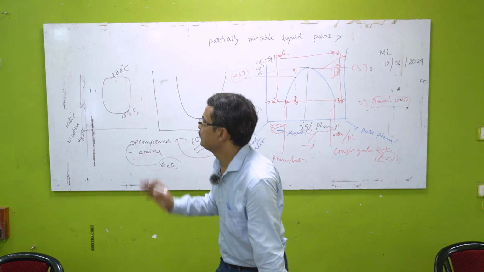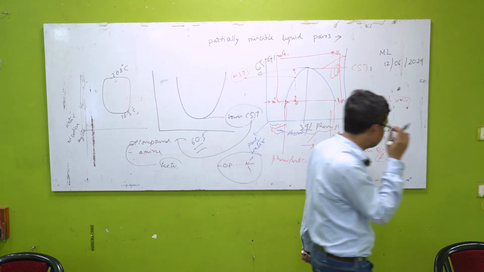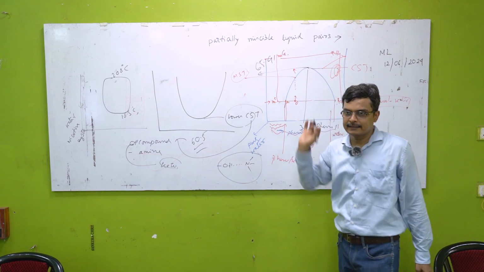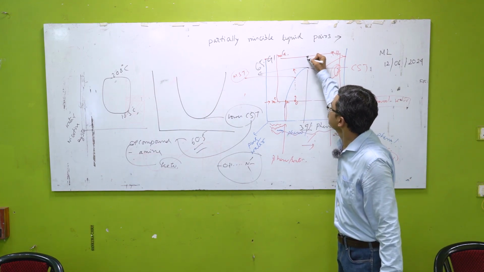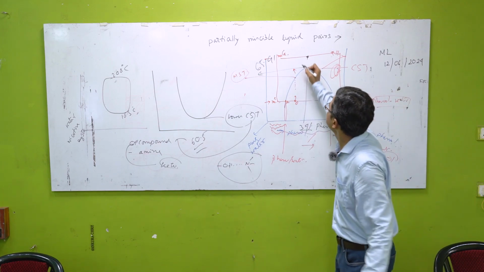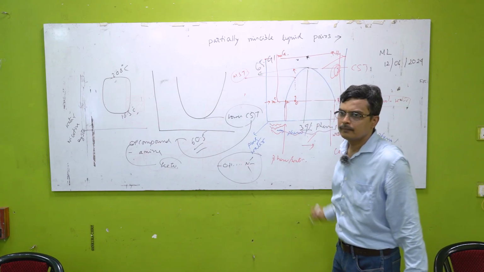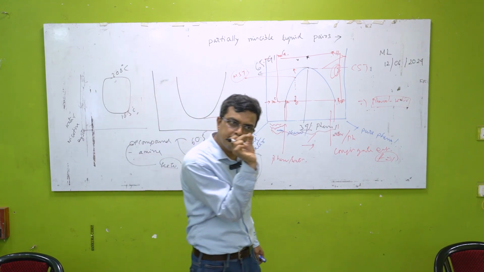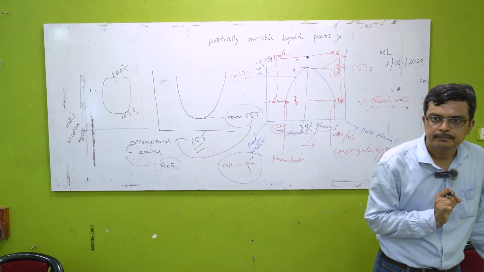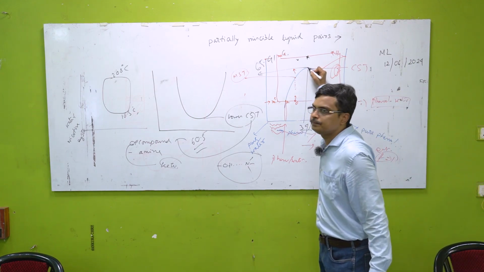Okay. See, there is another interesting phenomenon, that is, if we take the phenol water system or systems like the phenol water system, suppose here or anywhere here, and you go on decreasing the temperature very slowly. So what happens here?